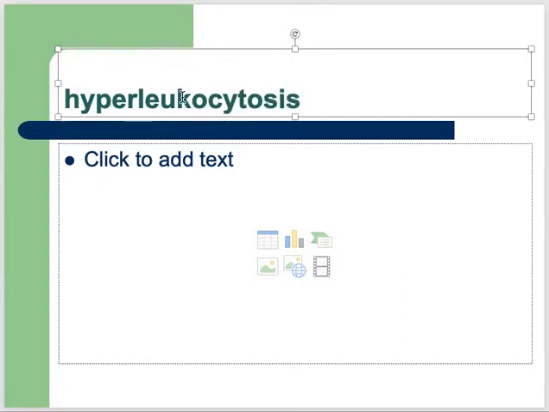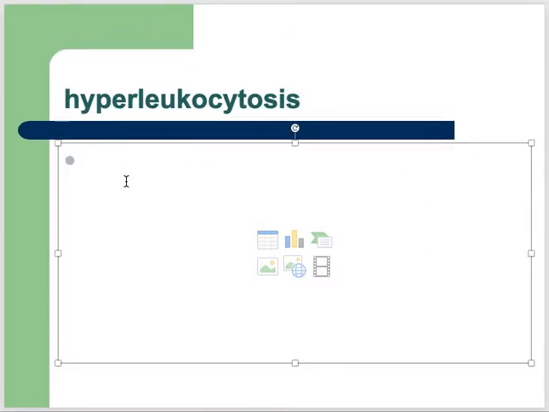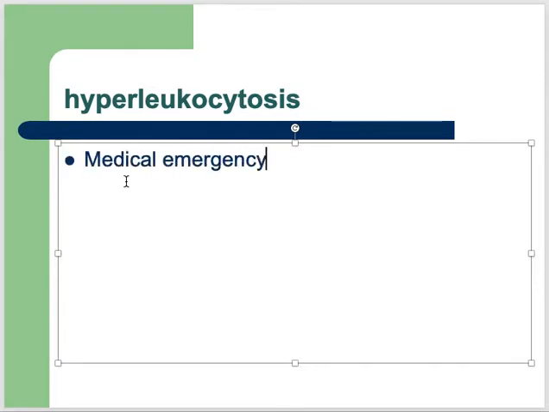So what happens is the WBCs are too many in the blood, so the blood becomes so viscous or thick that it's a medical emergency. Why? Because they present with respiratory and neurological symptoms due to hyperviscosity of the blood, and the patient can have many complications due to this. Okay, so this is called hyperleukocytosis.